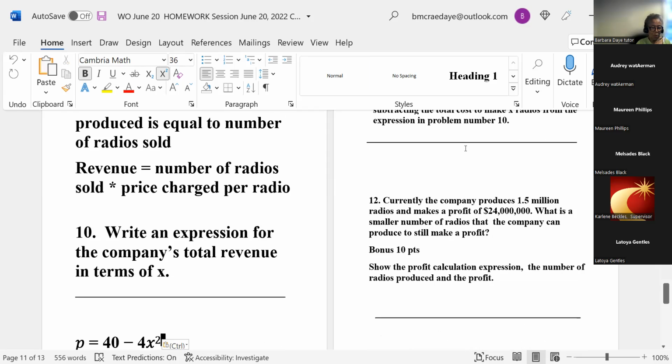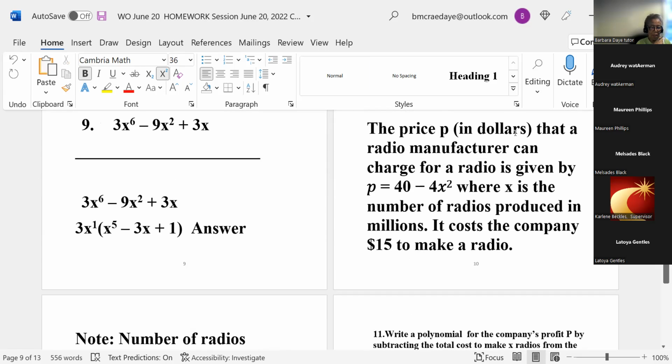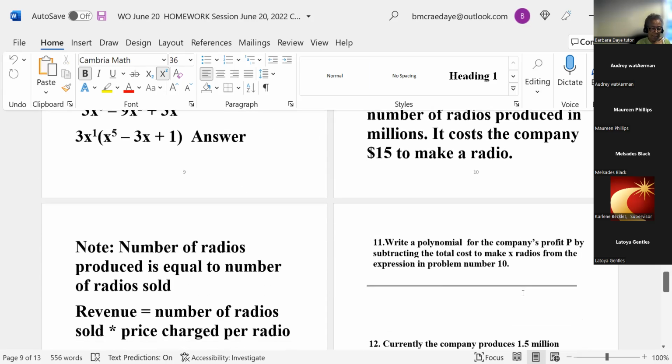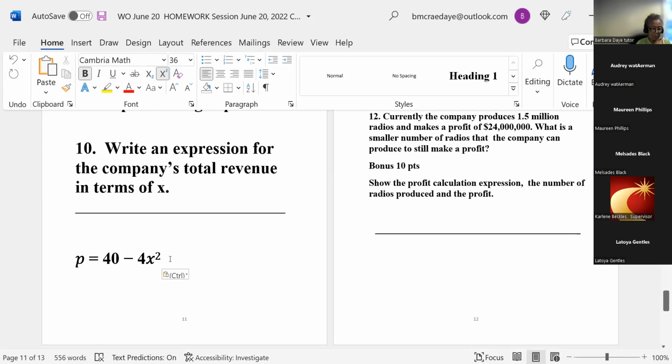Now, what was P? What did they give us as P? P is the price in dollars that the manufacturer can charge for a radio. So the price is 40 minus 4x squared. So that's the price. Okay, so let me just put that here.